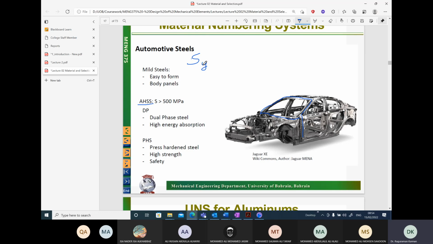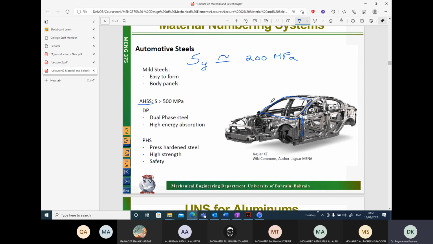Y stands for yield strength, U stands for ultimate tensile strength. The SY value for mild steel, low carbon or medium carbon steel, is usually in the range of 200 megapascals. So this is not very high strength.